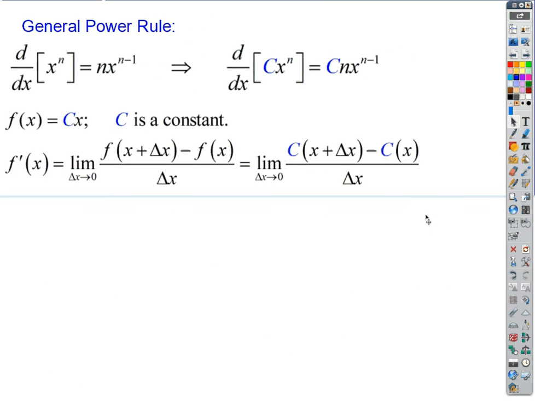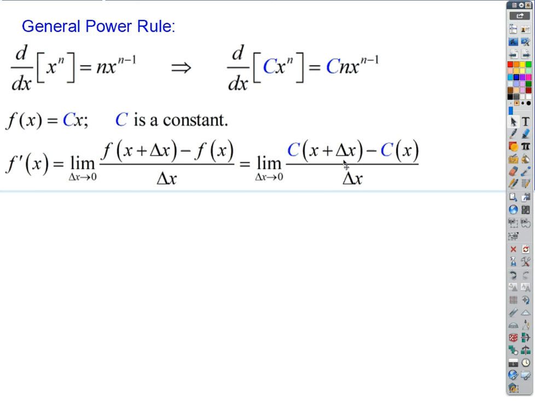If I had f of x equals cx, well then f of x plus delta x would have been c times x plus delta x, right? And to the n.